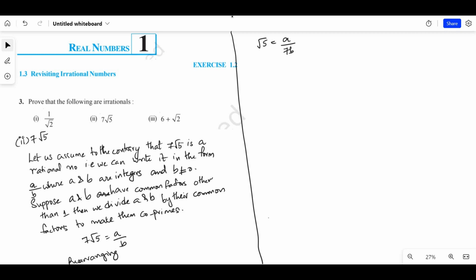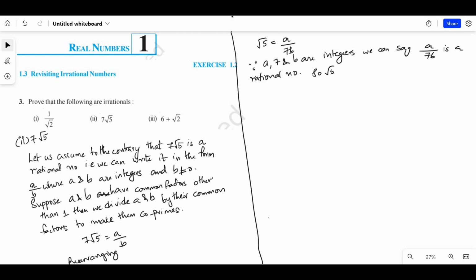Since 7 was in the numerator, if we take it to the RHS, it becomes the denominator. So A by 7B. Since A, 7 and B are integers, we can say A by 7B is a rational number.